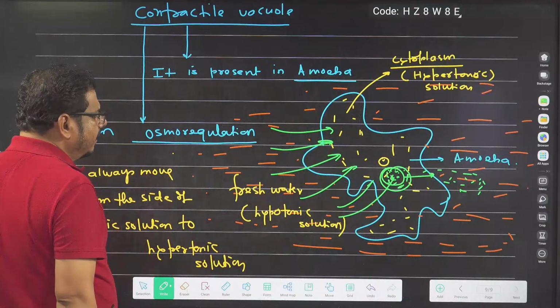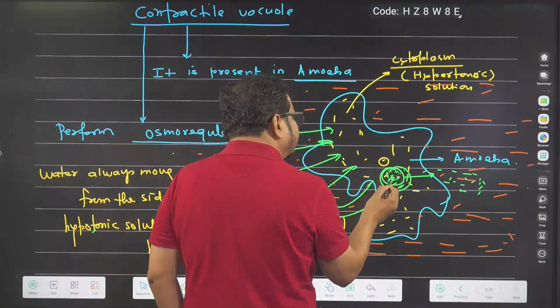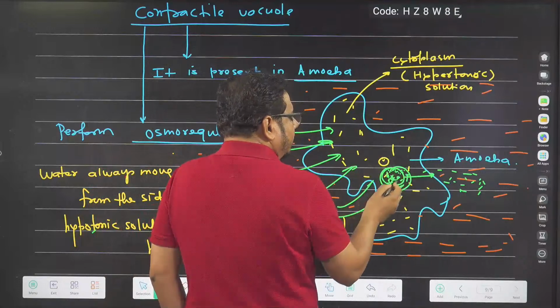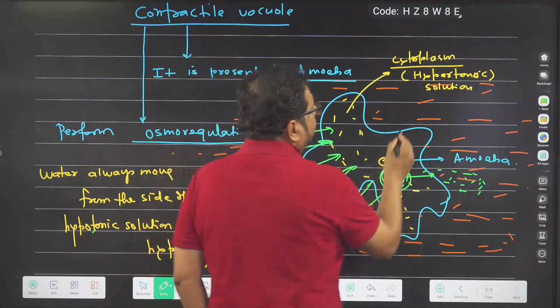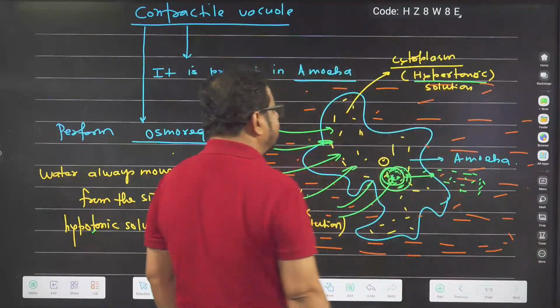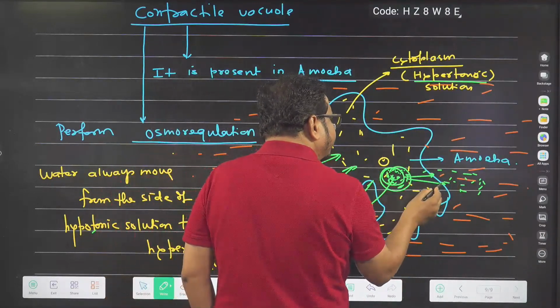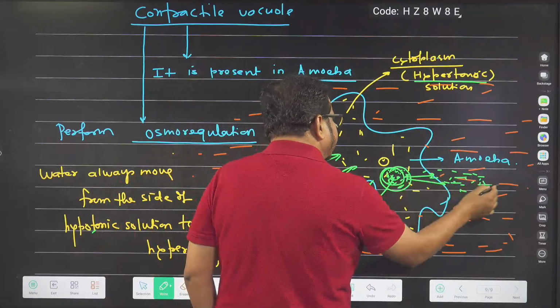You got the idea? The excess water coming in is stored in the contractile vacuole. Due to that reason, whose concentration is not disturbed? Cytoplasm concentration is not disturbed.